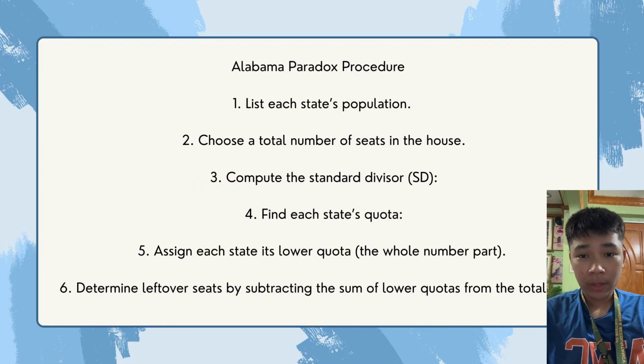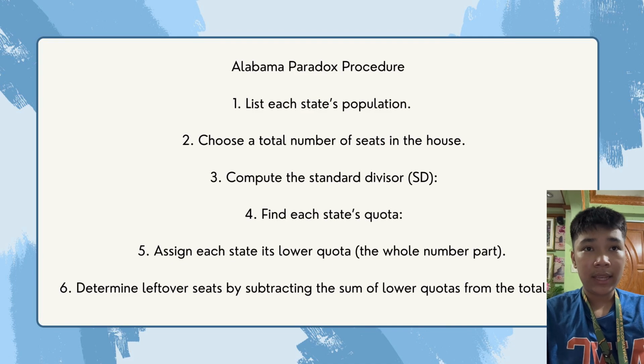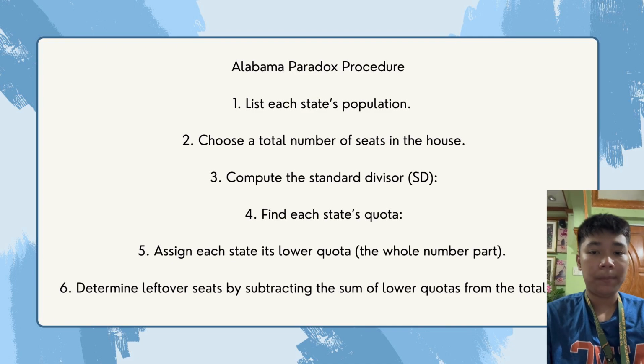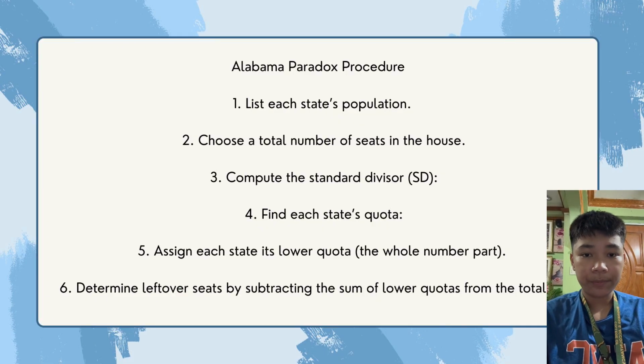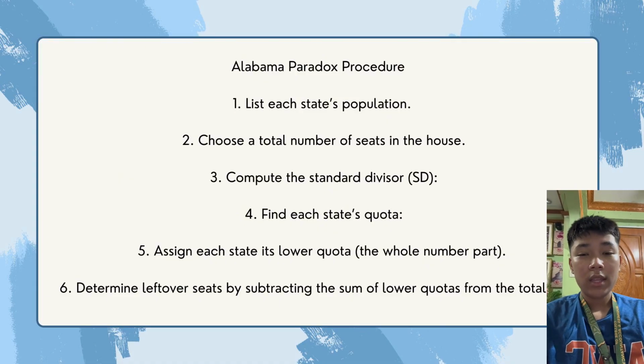The first paradox is the Alabama paradox. Step 1: list each state's population. Step 2: choose a total number of seats in the House. Step 3: compute the standard divisor. Step 4: find each state's quota.